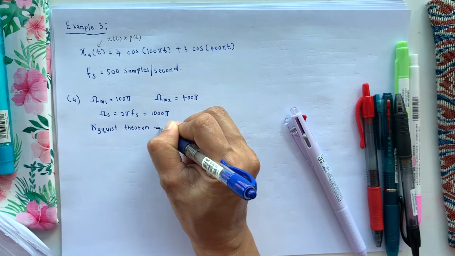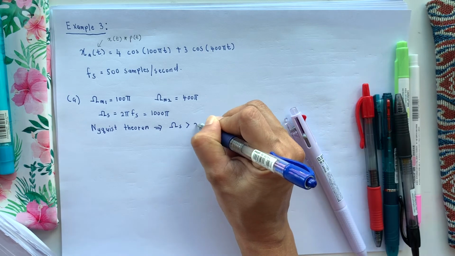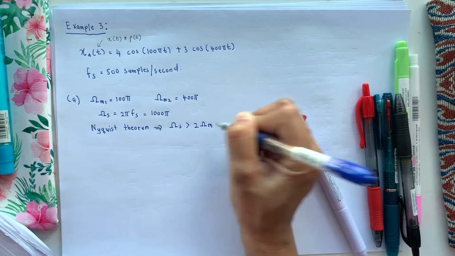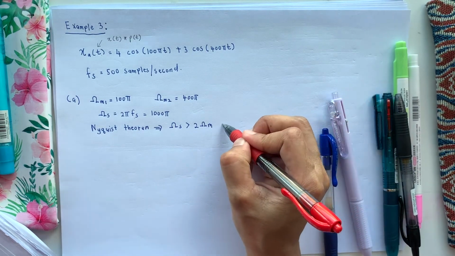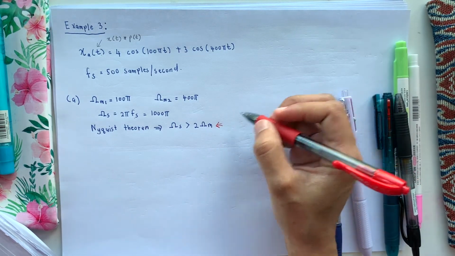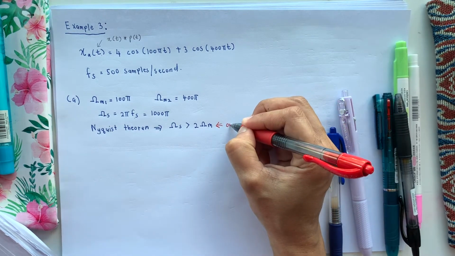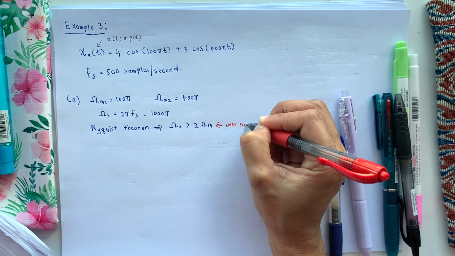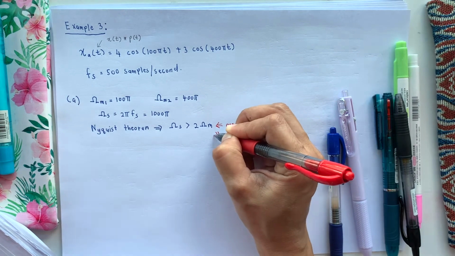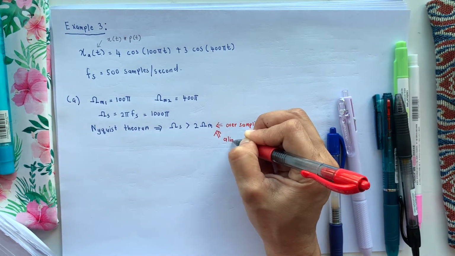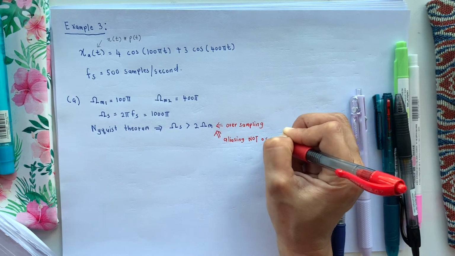In the Nyquist theorem, it is said that your ωs must be greater than 2ωm. For this condition, if your ωs is greater than 2ωm, it is the oversampling condition, which means aliasing does not occur.